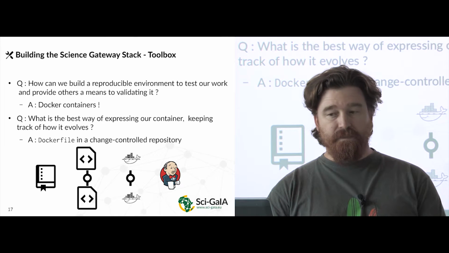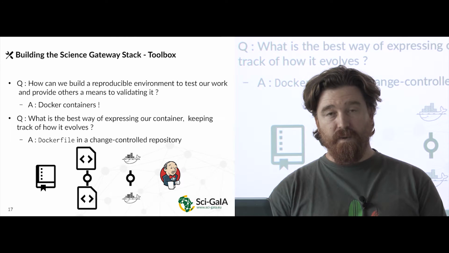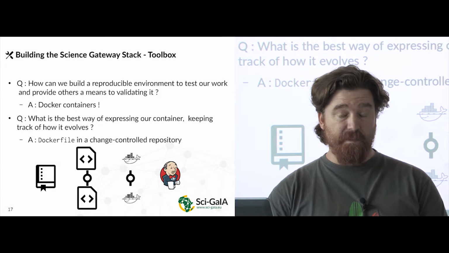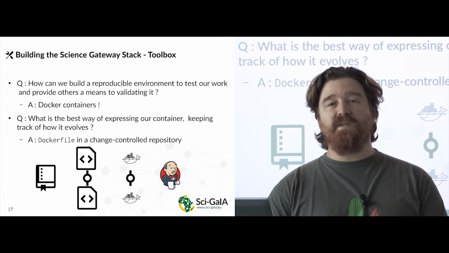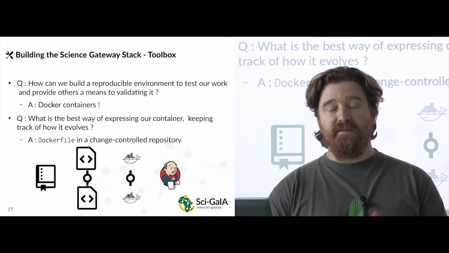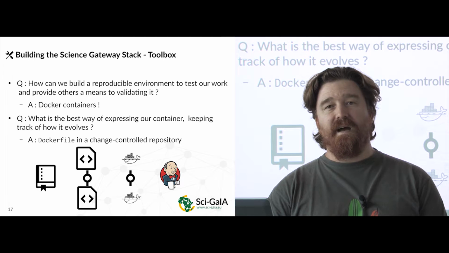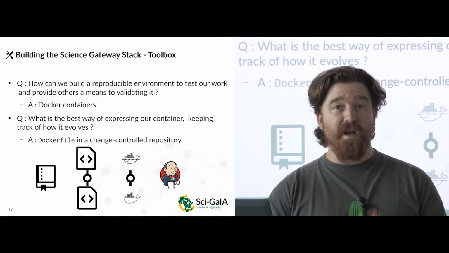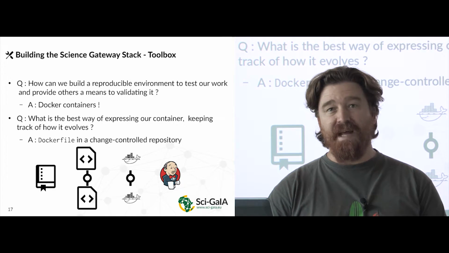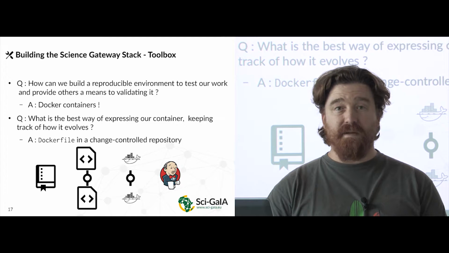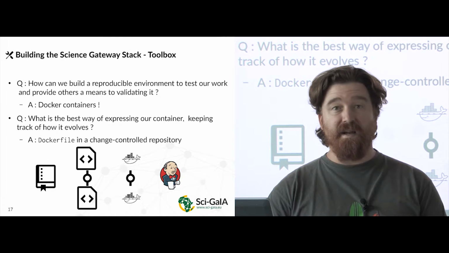Second question is, okay, so now that we know that we have to use Docker containers or some kind of container, what's the best way of expressing that? If you think back to lesson 1, there were a couple of dictates that we said were very important. And one of them is that even if you've done something correctly, if it's not expressed in a persistent way, in a change-controlled way, it doesn't exist.